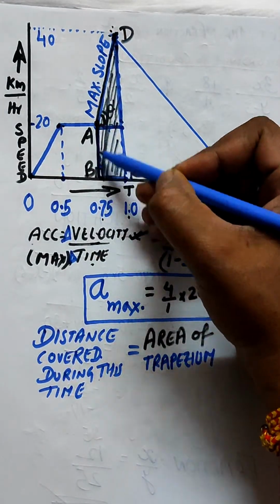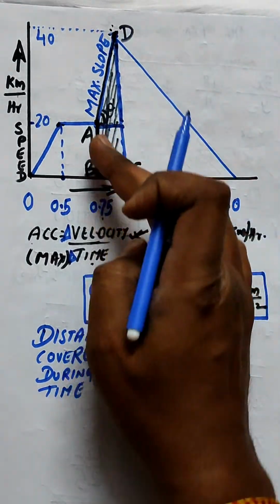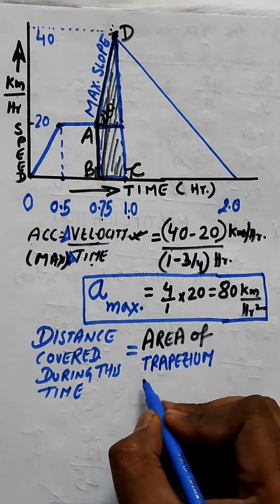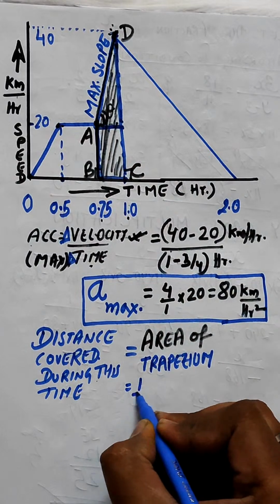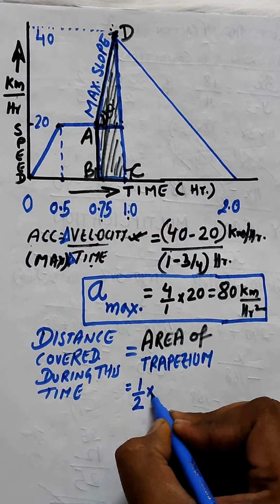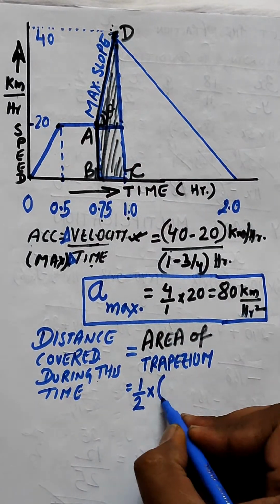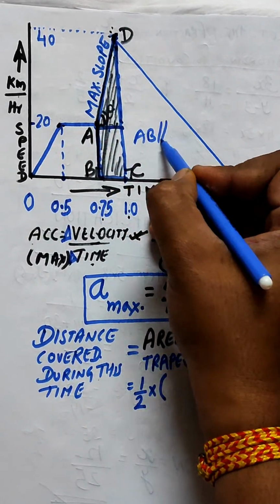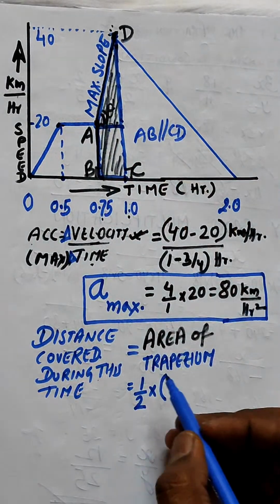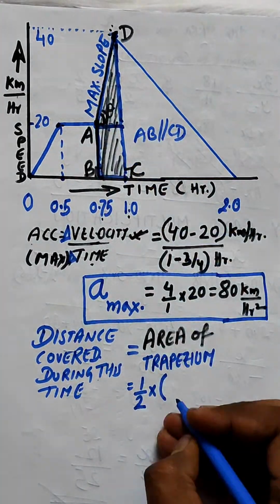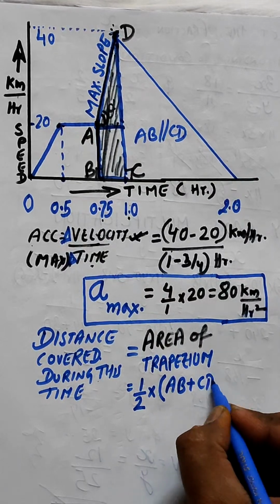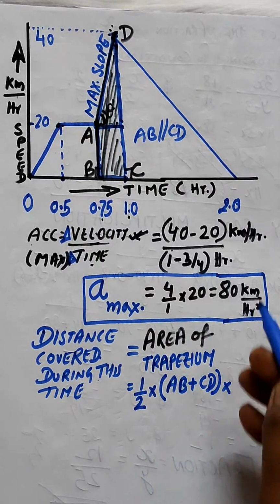So what is the area of a trapezium? These are two parallel sides AB and CD, right? So area of the trapezium is half into sum of parallel sides. So AB, here you can see AB parallel to CD. So the sum of the parallel sides, that means AB plus CD into the distance between the parallel sides.